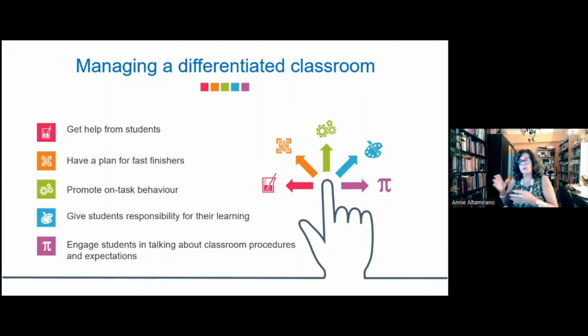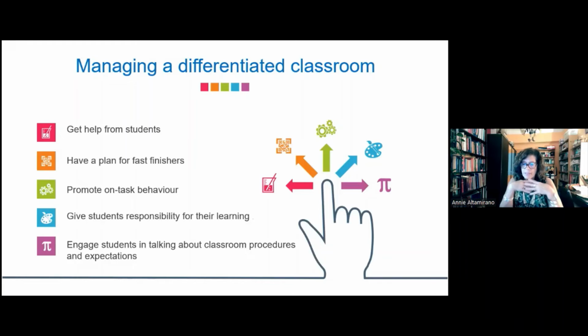So if you are working with a student, they should know that they cannot come and say, Miss, I need you. No, wait a second, I'm busy right now. So develop some agreed class rules, and keep them in a poster, for example, so that they remember what they have to do.